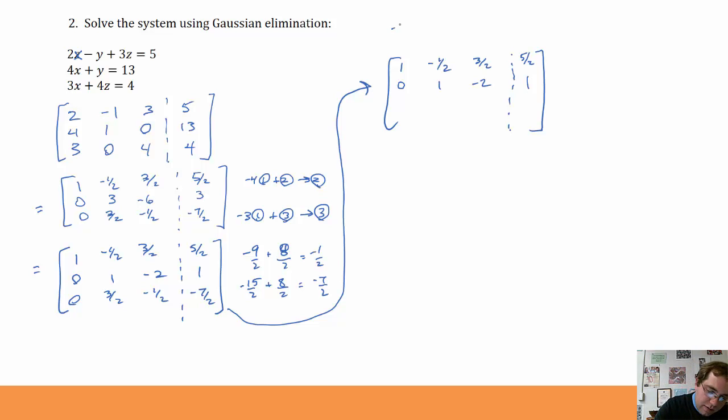So this is negative 3 over 2 times row 2 plus row 3 is going to replace row 3. So negative 3 over 2 times 1 is negative 3 over 2 plus 3 over 2 is 0. That's what we wanted. And then negative 3 over 2 times negative 2 makes positive 3. Add that to negative 1/2. Makes 6 over 2 minus 1/2 is 5 over 2.